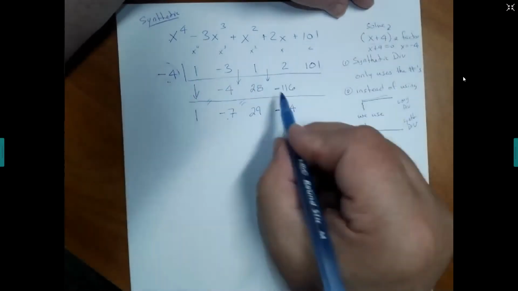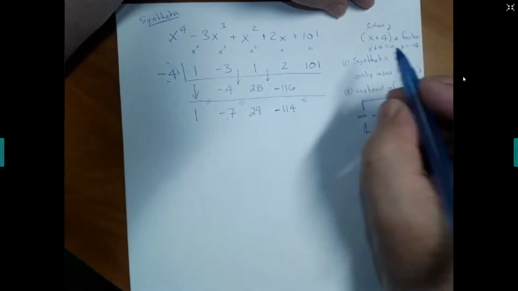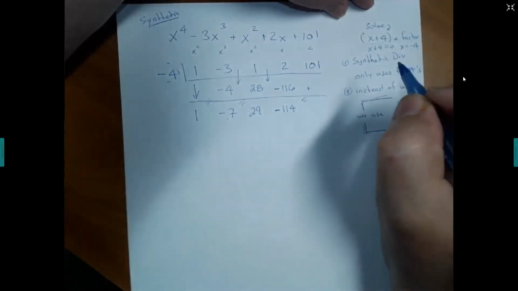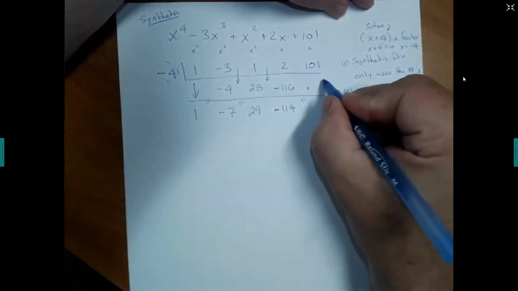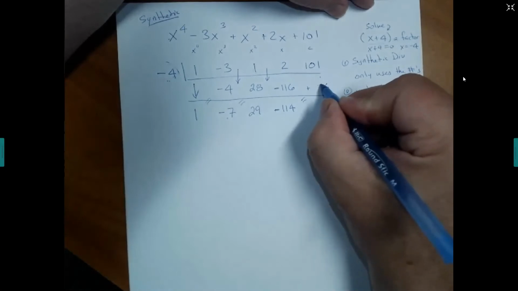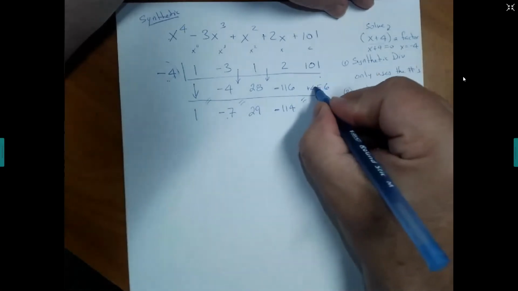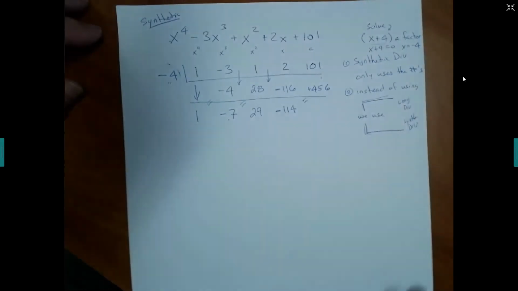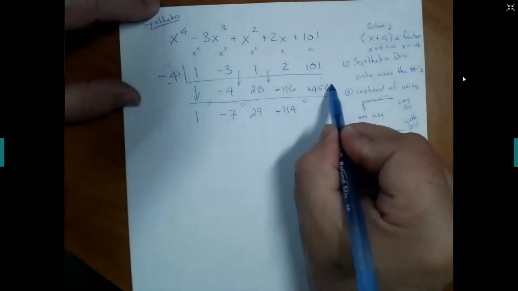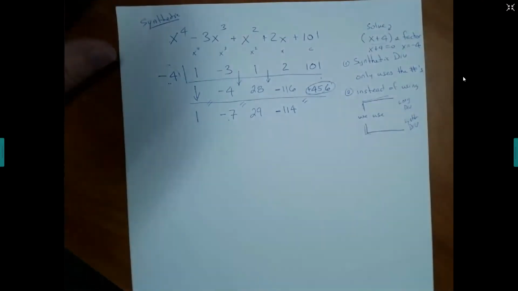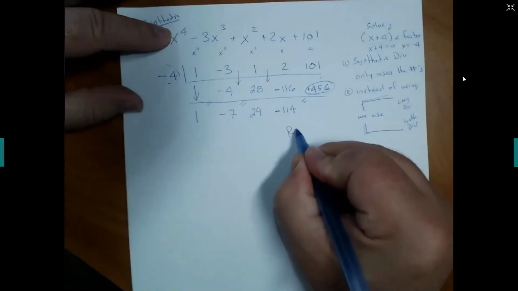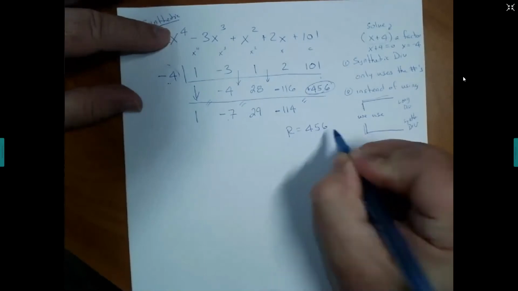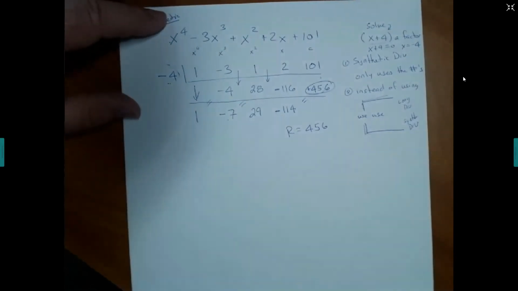Repeat the process. -4 times -114 is a positive. 4 times 4 is 16. 4 and 1 is 5. It's 456. Uh-oh, I made a mistake. It's 456. Yeah, so the remainder here is 456.